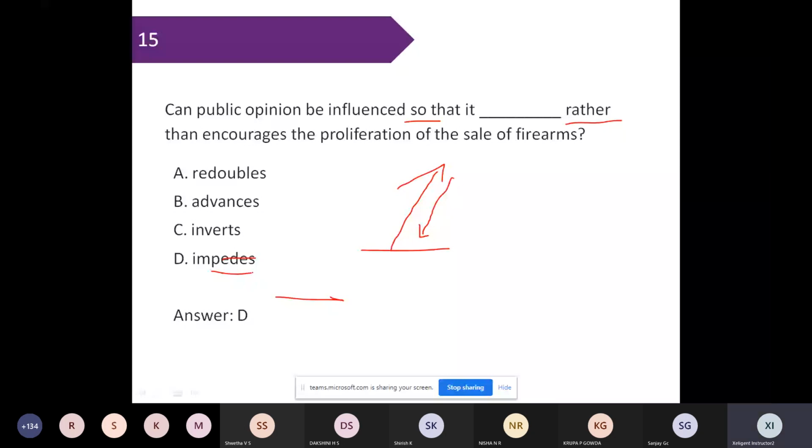Okay, what about others? Okay, we will continue with the rest of the questions.